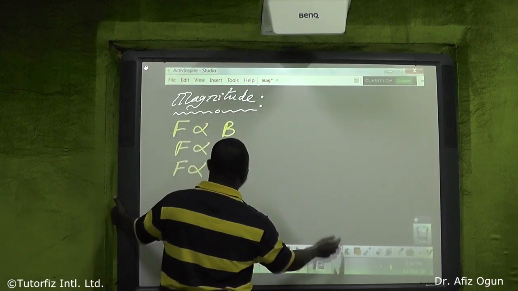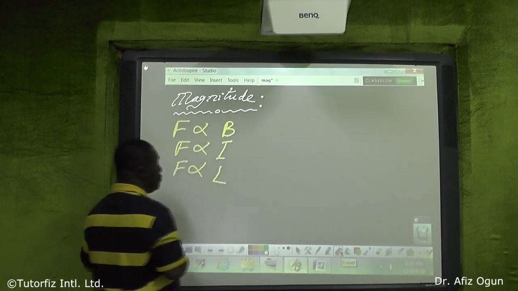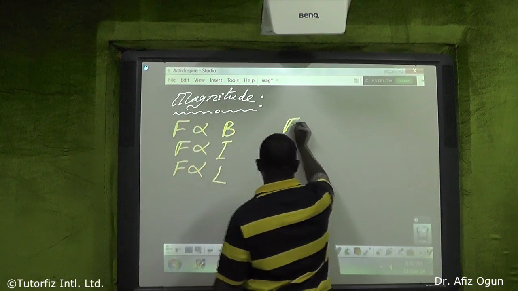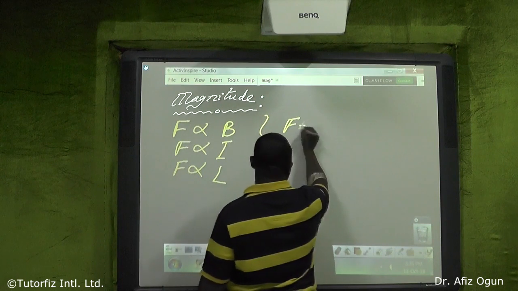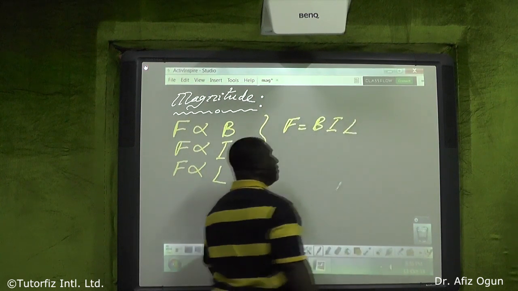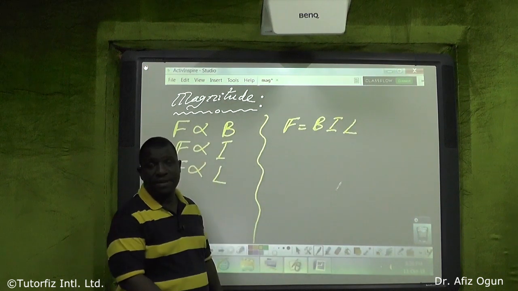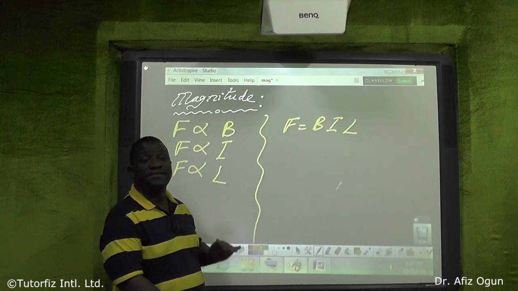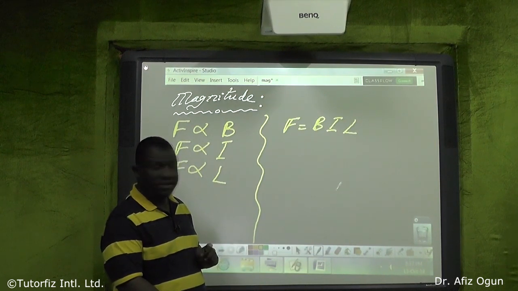So it has a relationship with B, with I, with L, and we see that force is equal to B multiplied by I multiplied by L. But the wire and the magnetic field must be at right angle.